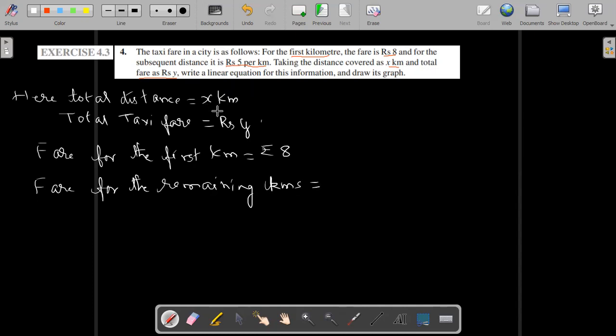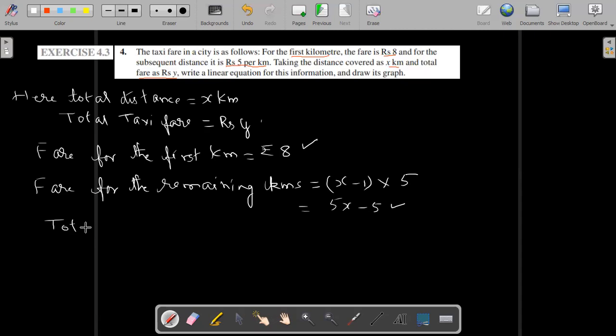How many remaining kilometers are left? x minus 1. For 1 kilometer you have to pay 8, then for the rest of the kilometers, that means x minus 1, you have to pay at the rate of 5 rupees per kilometer. So this will become 5x minus 5. Okay, so the total taxi fare is 8 rupees plus this one, the first kilometer 8 and the rest is this one.